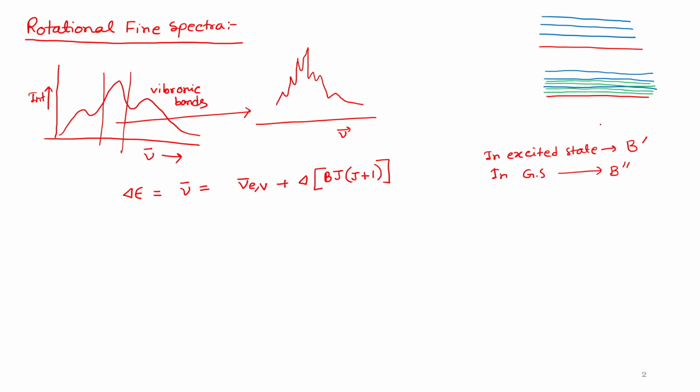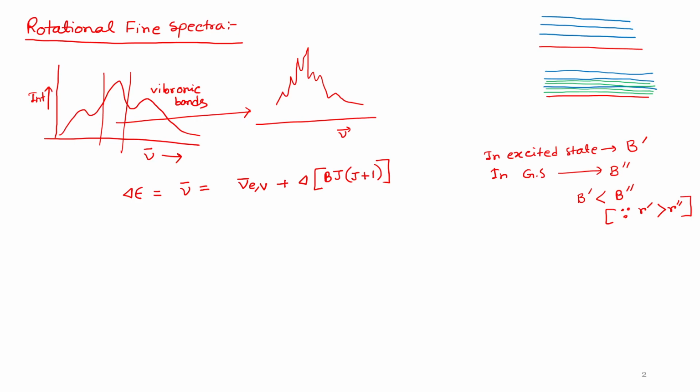Here we are approximating that B dash is lesser than B double dash, because in the excited state the bond length is going to increase compared to the ground state. Due to that, we are taking a delta B value.